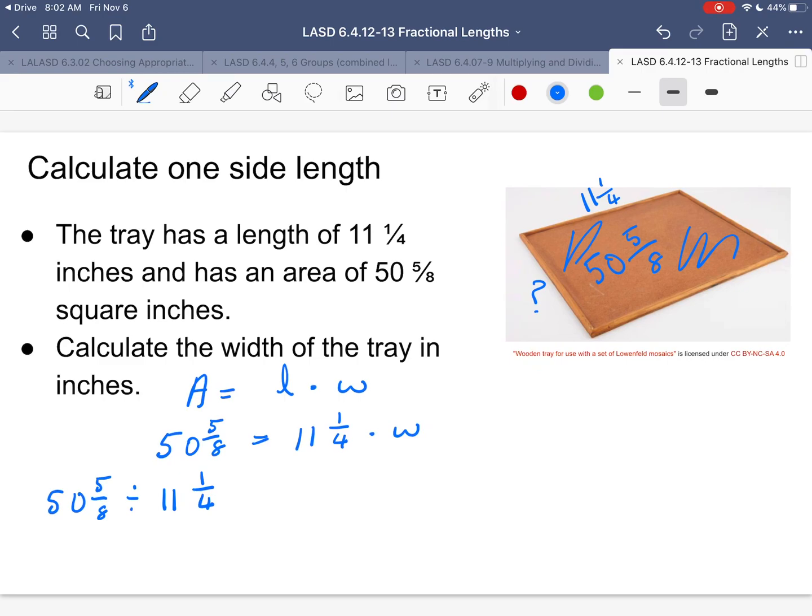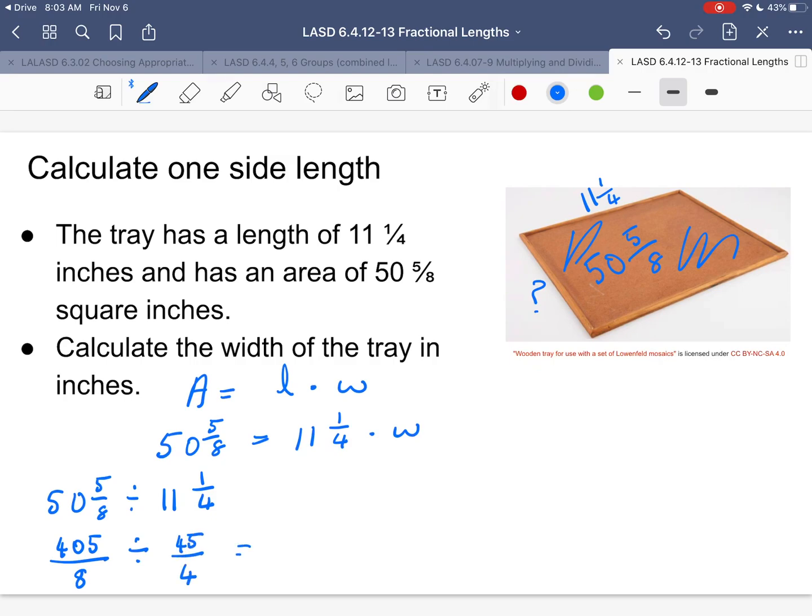And I need to convert these into improper fractions. So 405 eighths, 8 times 50 is 400. 400 plus 5 is 405, divided by 11 times 4 is 44, and 1, so 45 fourths.